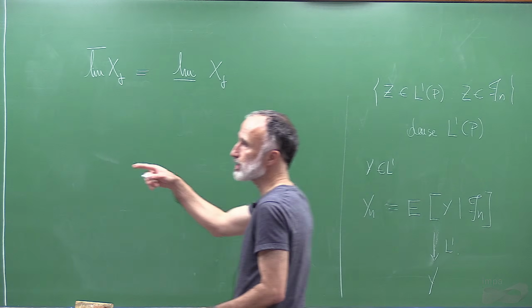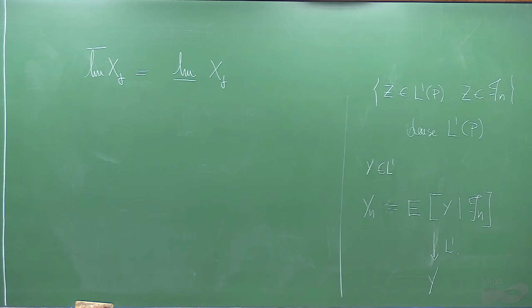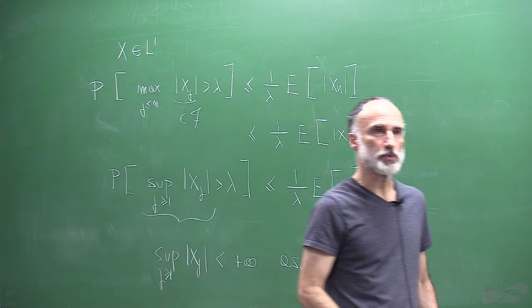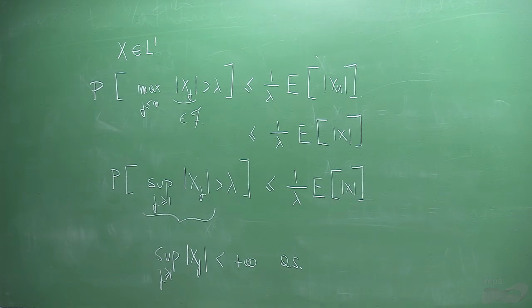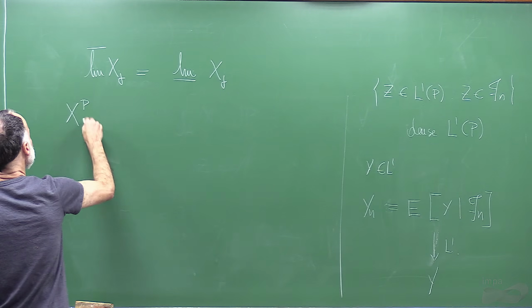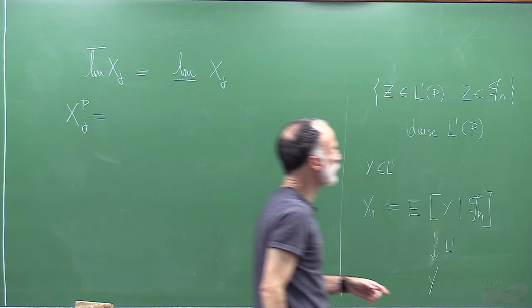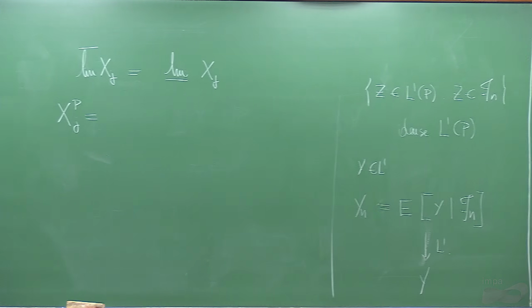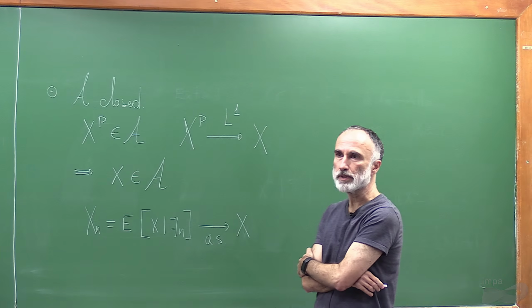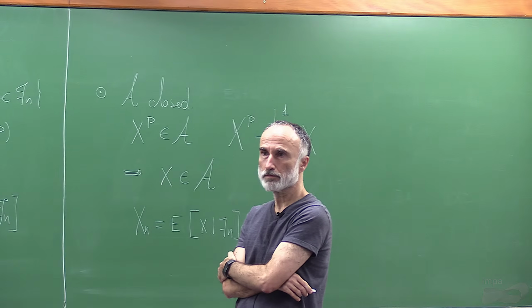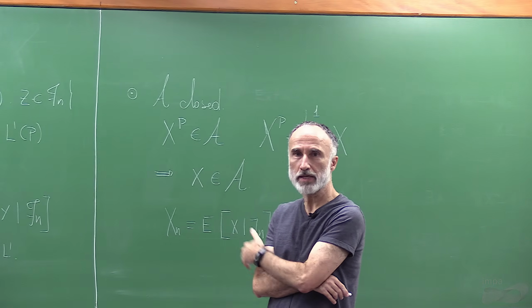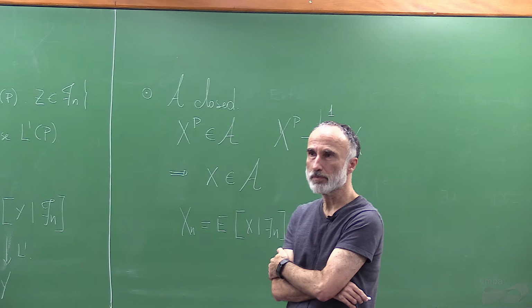I can repeat the same computation I just did, but instead of looking at Xj, I'll take the difference between Xj and Xpj. Okay, so let me define Xpj. Xp are these variables which belong to A, so I know that for them I have the almost sure convergence. I want to prove that X kept this property.